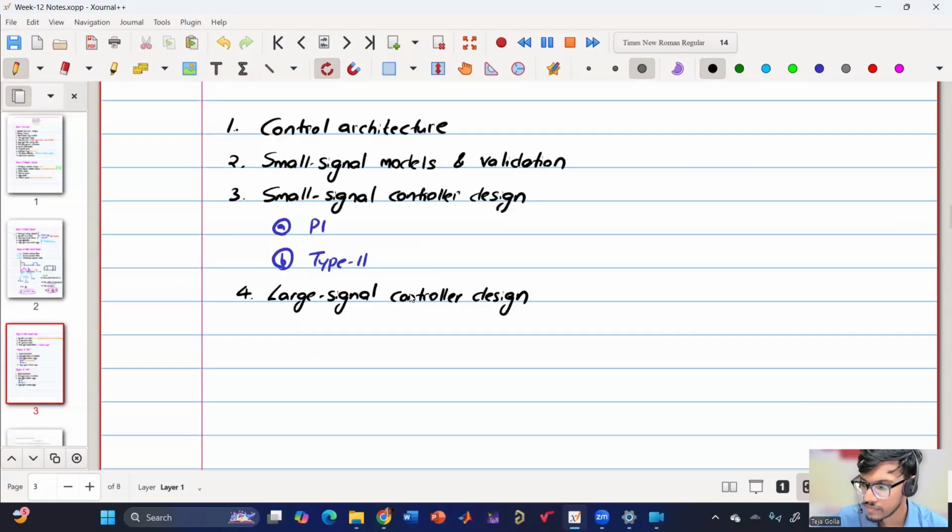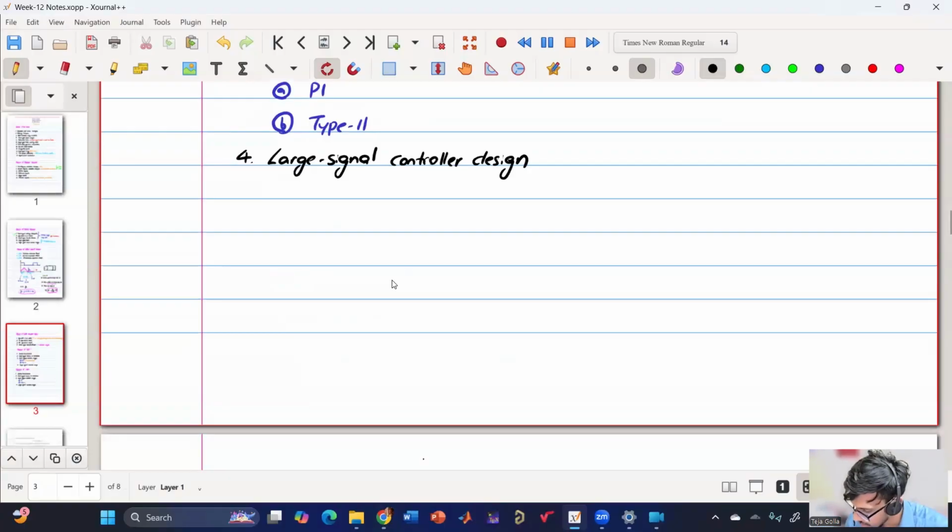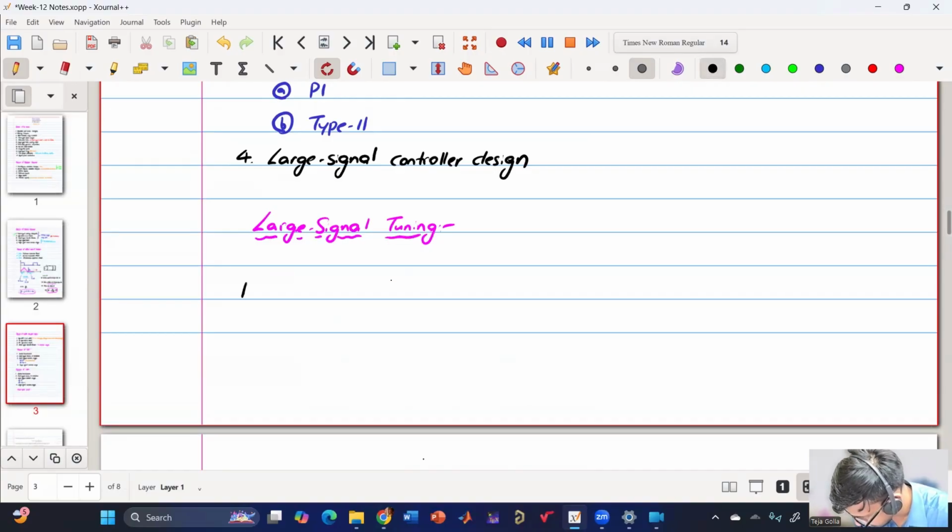And one thing about large signal or time optimal performance, or large signal tuning. It's the optimal performance. So performance is optimal. And here we have reduced Vo undershoot.